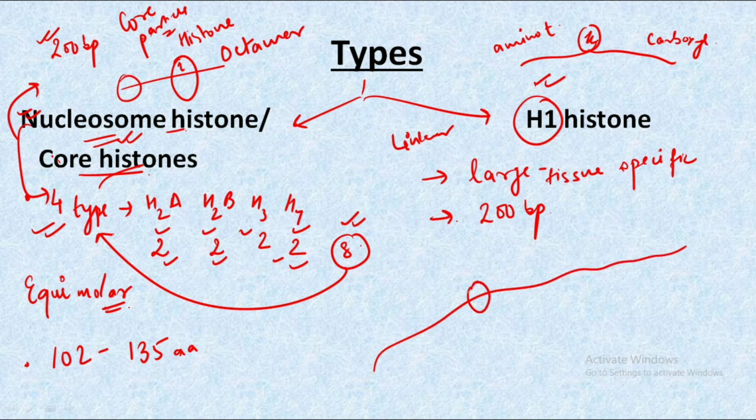After every 200 base pairs, we would have the nucleosomal histones and also the H1 histones. The nucleosomal histone provides the stability, and the H1 histones try to minimize the space for packaging. And why do we need the H1 histones?